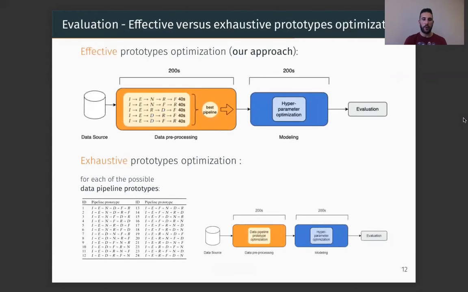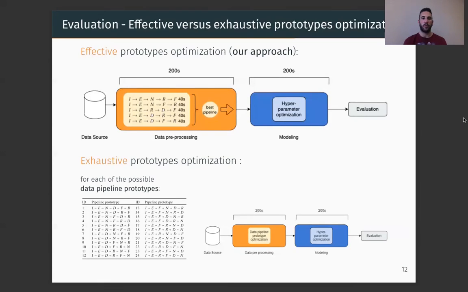We compared our approach with the one that optimizes all the pipeline prototypes in the exhaustive set. The first thing that is worth noticing is that given a dataset and a machine learning algorithm, our approach ran this optimization procedure just once. This was possible because we selected the most effective prototypes among the exhaustive set.